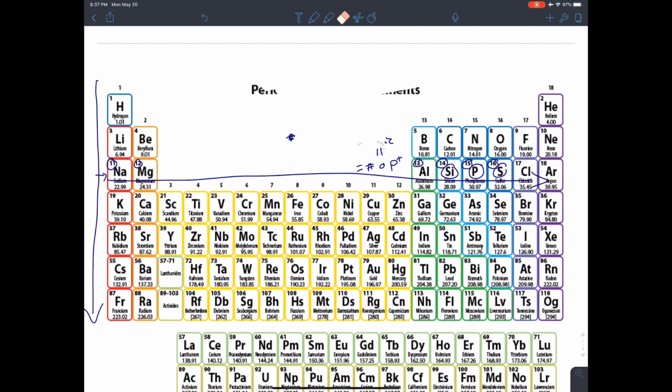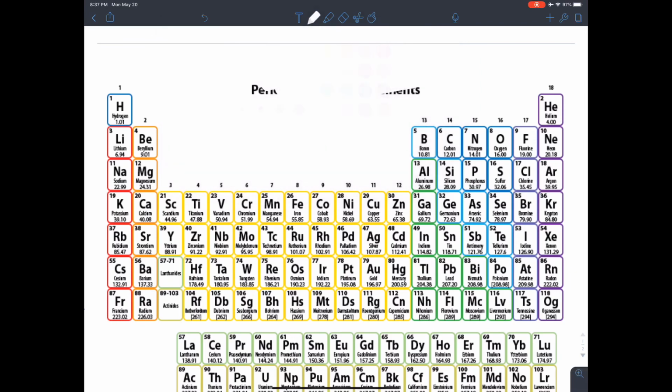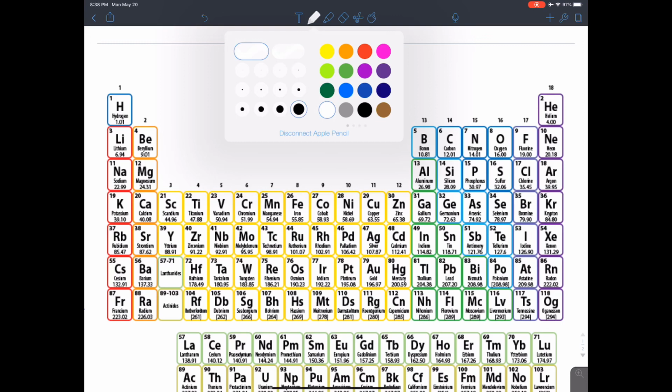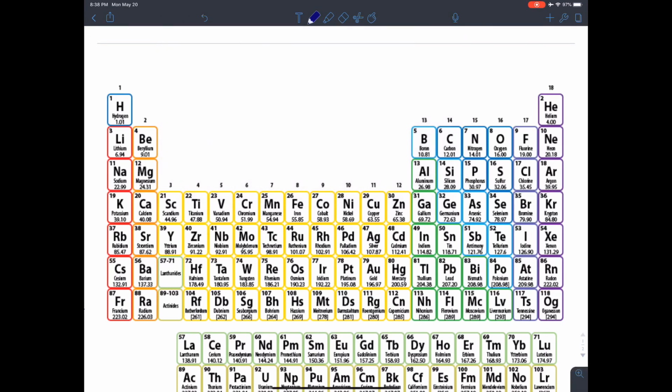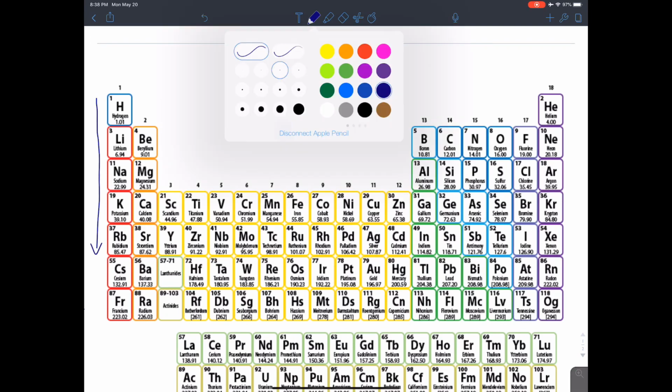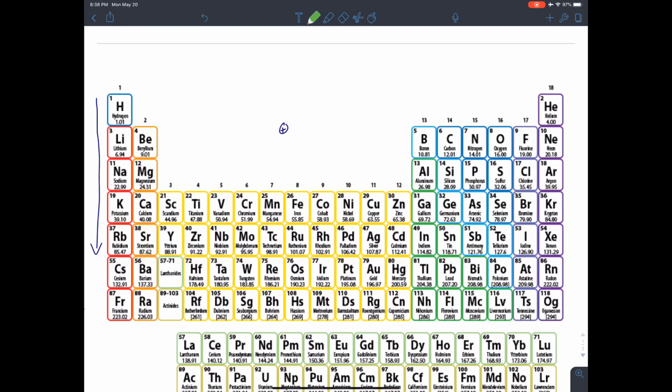Okay, so that's for when you go across a period. Now let's talk about when you go down a group. Periods go across, groups go up and down. So now let's talk about going down a given group. In the first period you have 1 energy level.